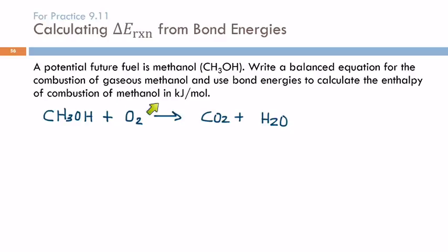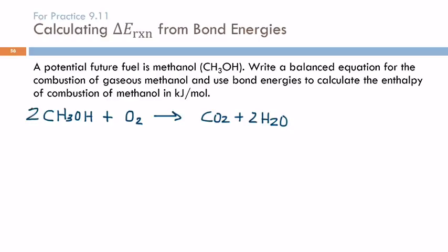1 carbon and 1 carbon. Total of 4 hydrogens, so we need to put a 2 over here to make 4 hydrogens. We've got 2 oxygens and 2 oxygens, and over here we've got 2 oxygens and 1 oxygen. Well, let's try increasing.